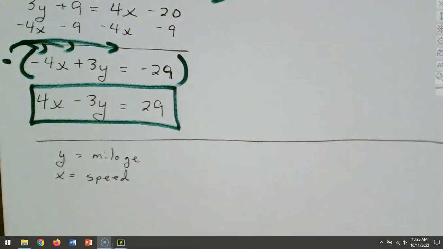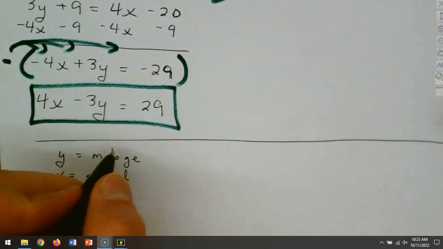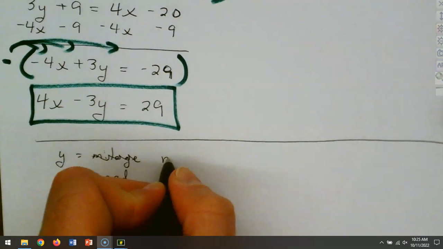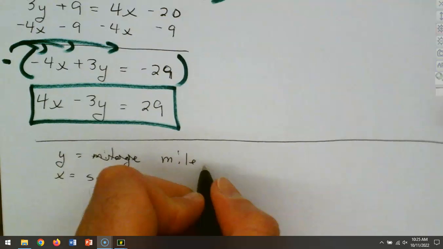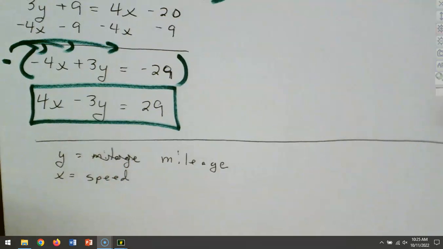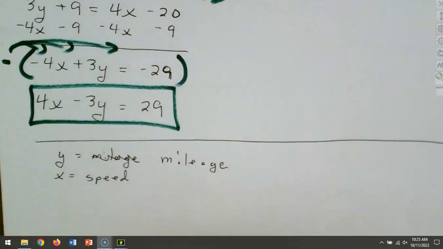So we have mileage and we have the speed here. That's going to be your gas mileage, that's going to be your Y. So X is going to be the speed. So we need to make sure we put them in the correct order.